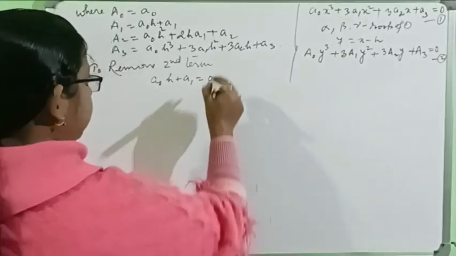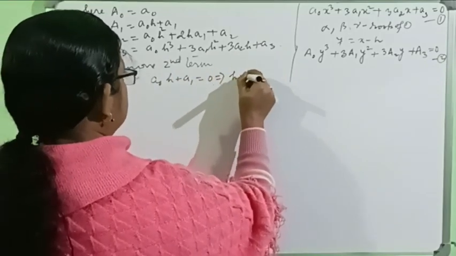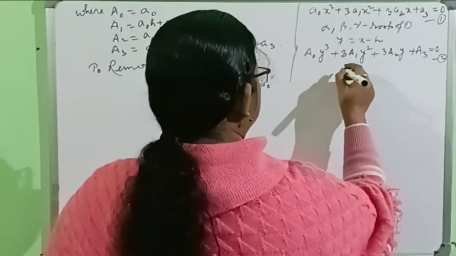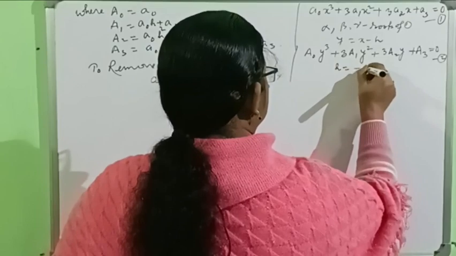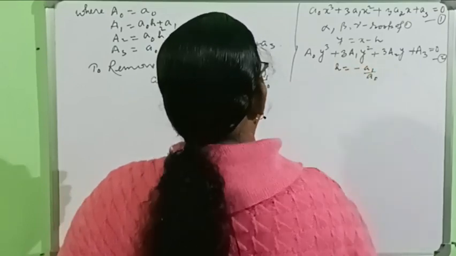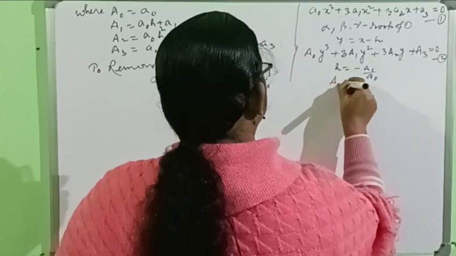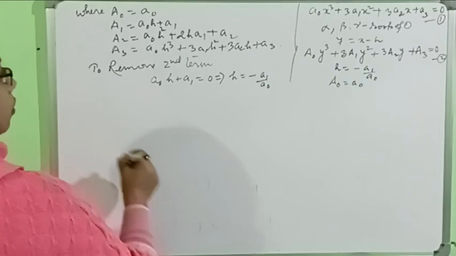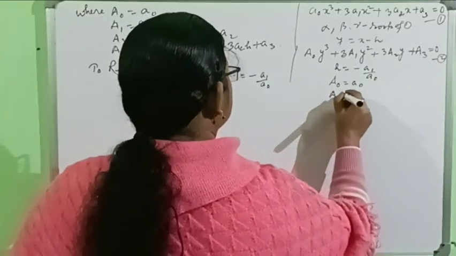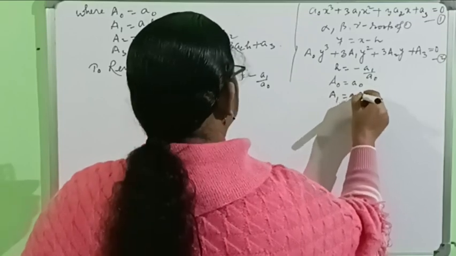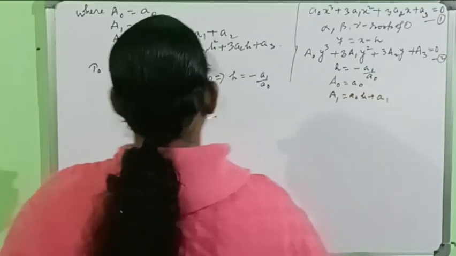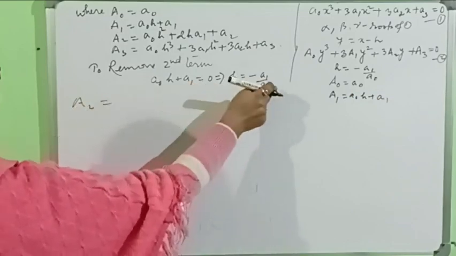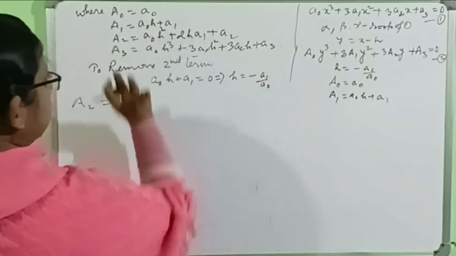If this is equal to 0, then h is minus a1 by a naught, where a naught is my small a naught. Now if I put h equal to minus a1 by a naught, a1 is 0.